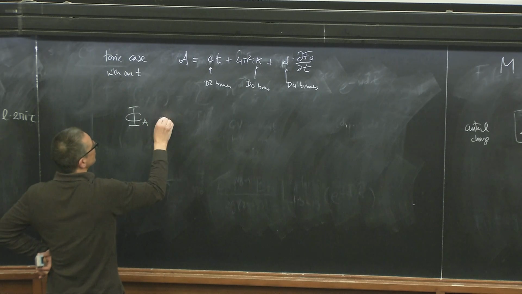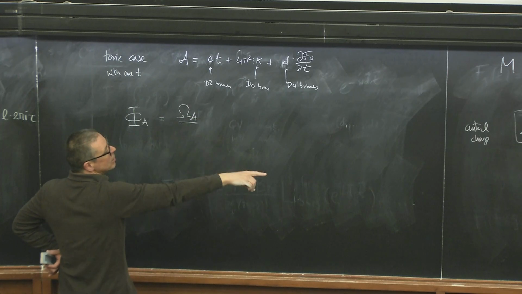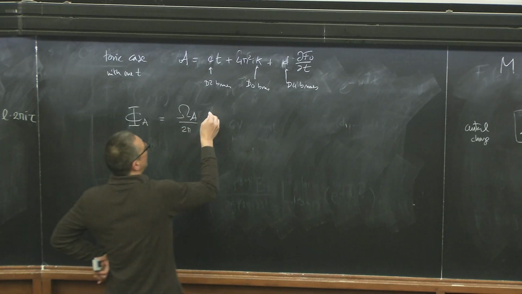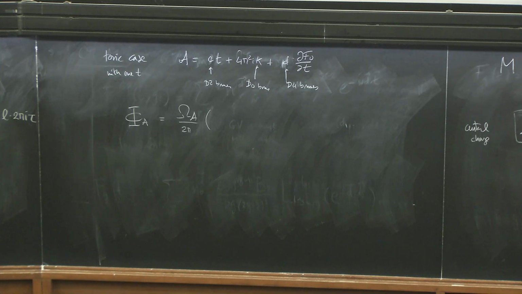Okay, so what will be the transseries associated to this? Well, it turns out that this has a very beautiful formula, so we will have this omega to pi, and then we will have, let me make sure that I don't forget any factor.